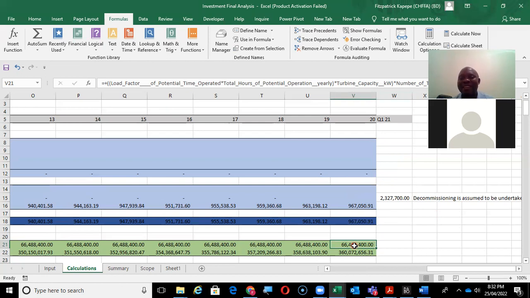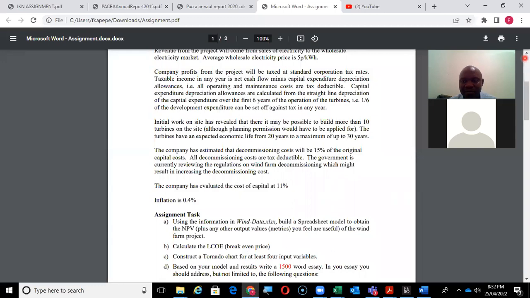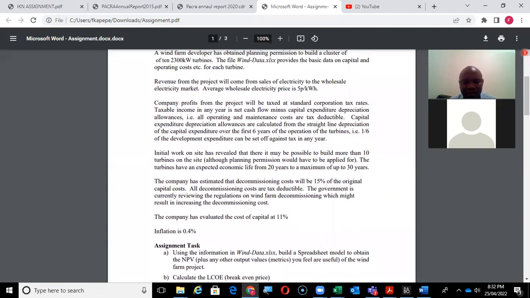This is why we are saying you're leaving it based on your financial model, based on the instructions that you have here. Initial work on site has revealed that it may be possible to build more than 10 turbines. The turbines have an expected economic life of 20 years, and you have given the economic life of 20 years.